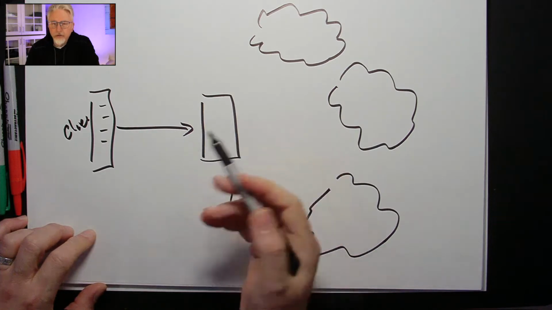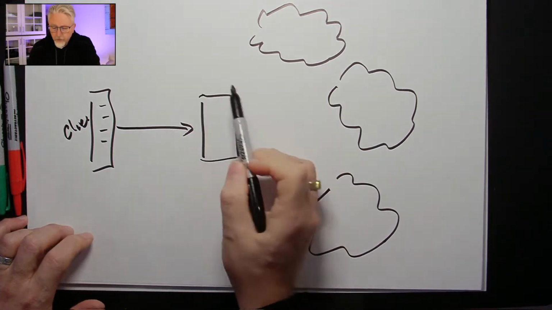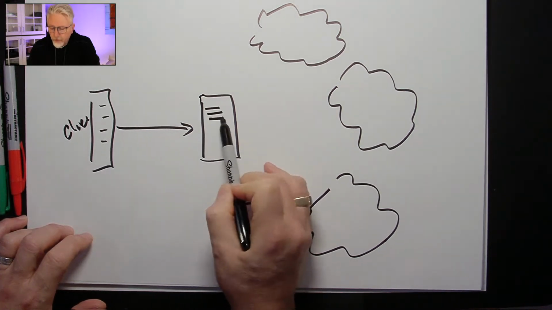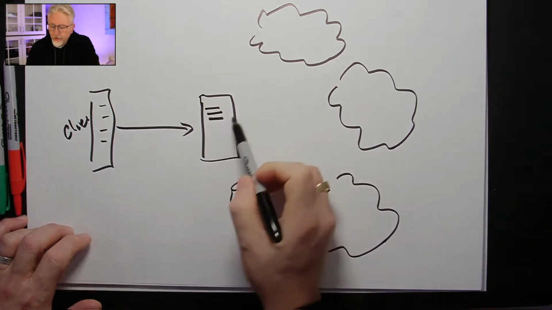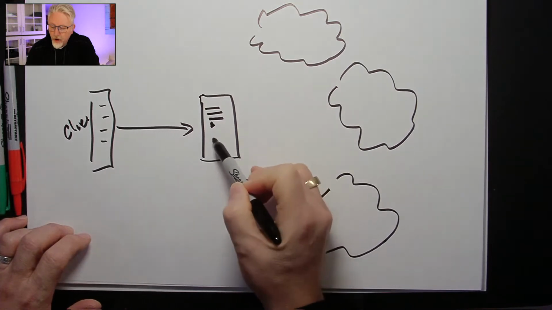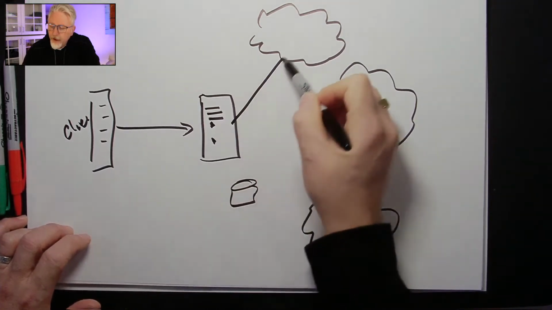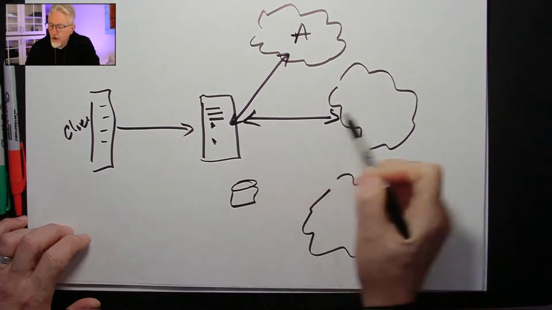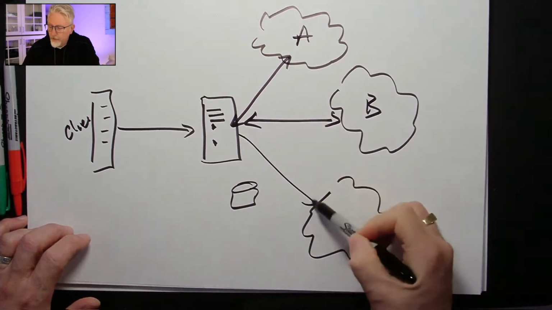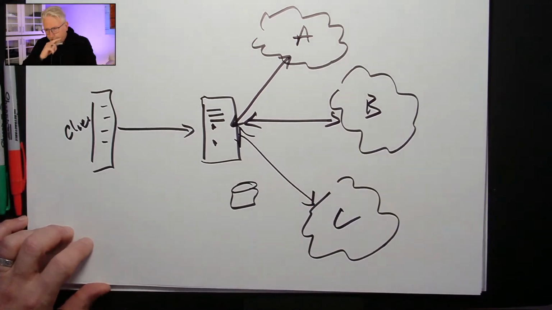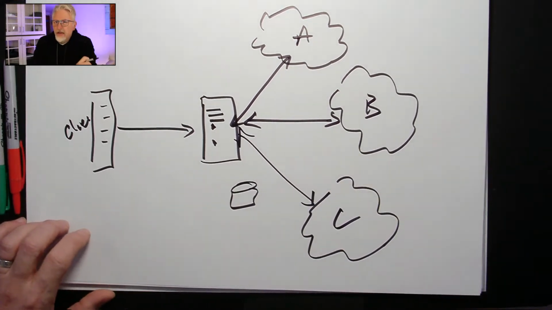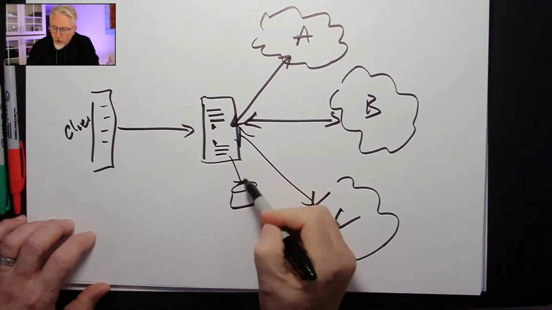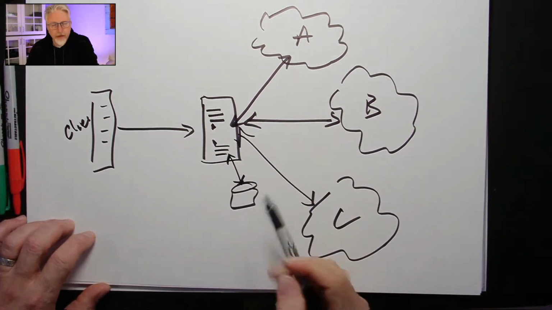In order to do a bunch of work, let's say we just talk about a simple entry point, step 1, step 2, step 3, and then it goes into a chunk of code in the middle that says, I have to make a call back and forth to cloud A, another call to cloud B, and another call to cloud C. And then it finishes up by maybe logging some stuff to the database, maybe that stuff happens at the beginning and the end.